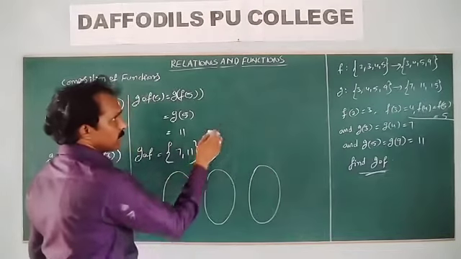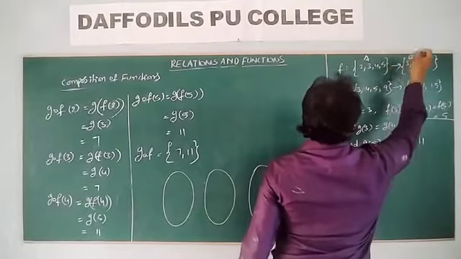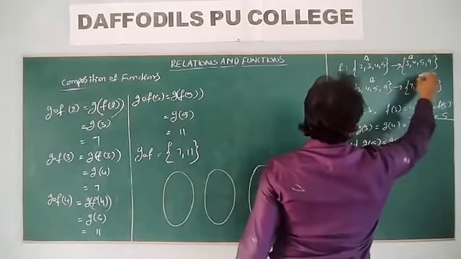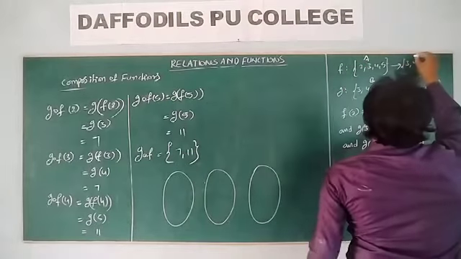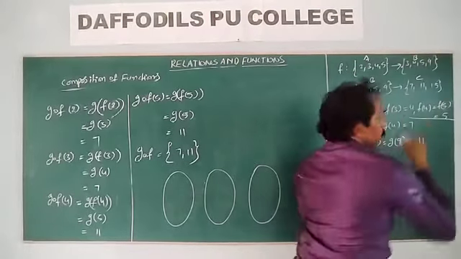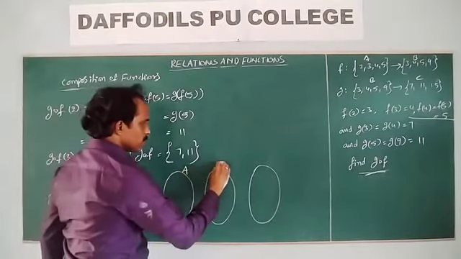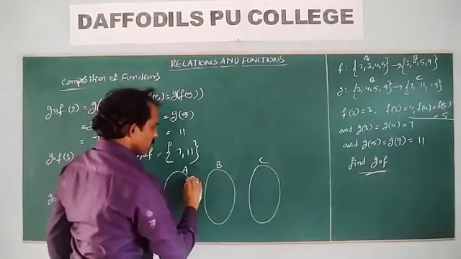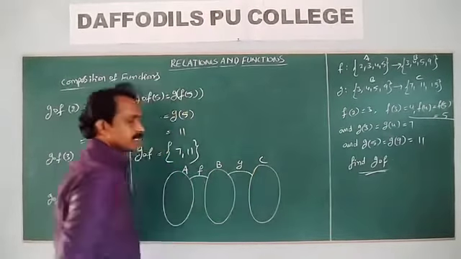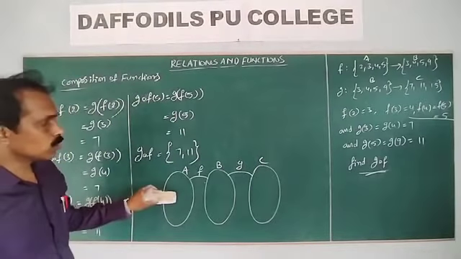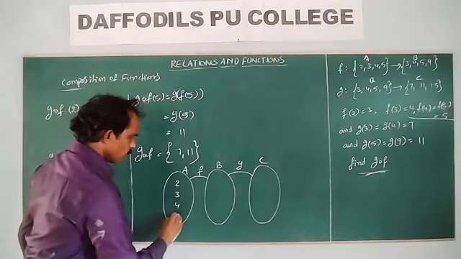Suppose this is A, B, C. Under the function F, under the function G. So the domain elements are 2, 3, 4, 5.